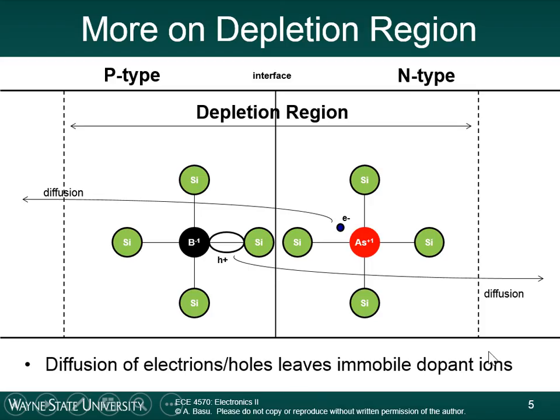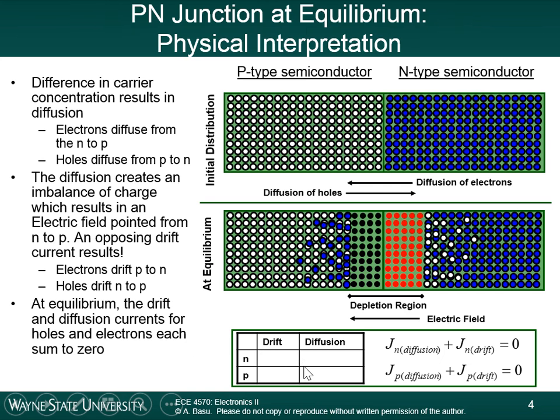So the electrons and holes can move, they can diffuse, but these charges cannot. So that's why, when the electrons and holes diffuse, electrons diffusing this way, holes diffusing the other way, they leave behind these positively and negatively charged ions. So you leave behind positively charged ions on the N side and negatively charged ions on the P side of the device.